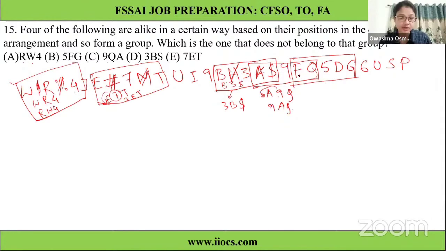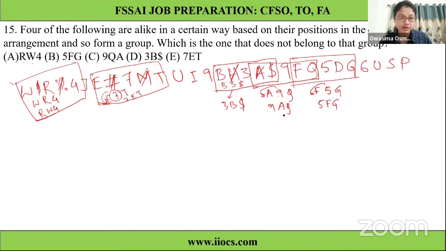Next, among FQ5DJ, eliminate the second and fourth term, so the series will be F5G. And if we put 5 in front of F, 5FG.